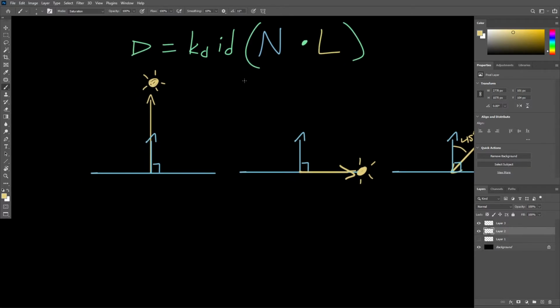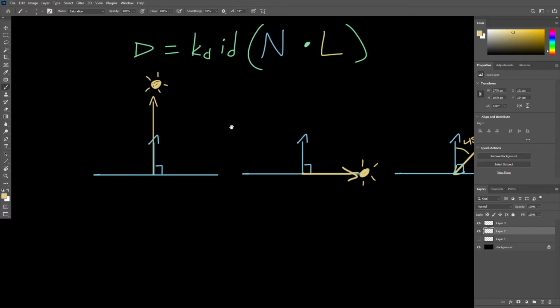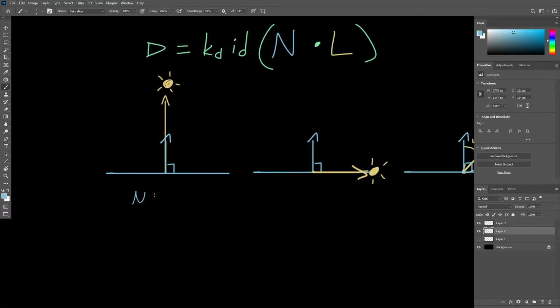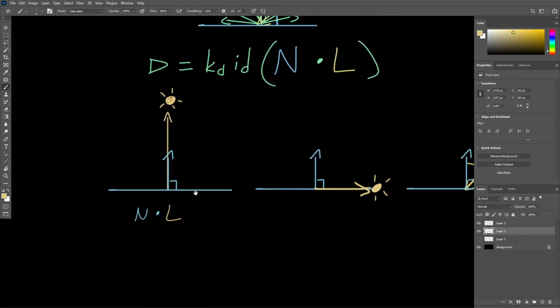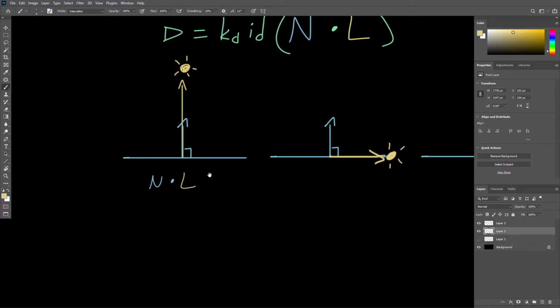We know what a dot product gives us. It tells us how similar two vectors are. Are they pointing in a similar direction? So what would the dot product be between the normal vector and the light vector? They're both pointing in the exact same direction with the light source directly overhead. So that would be basically the largest possible positive value. Large positive value.